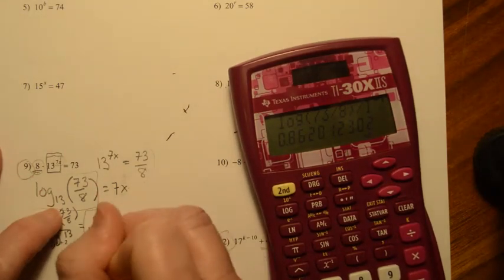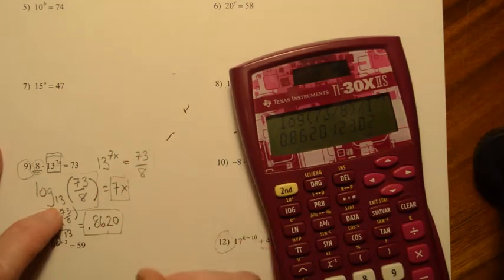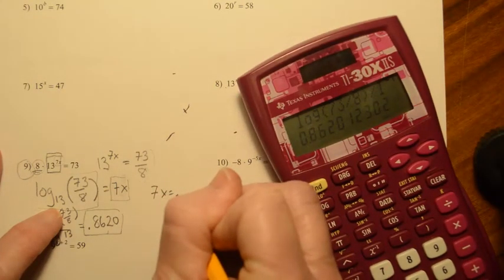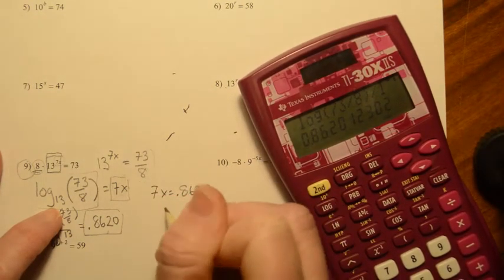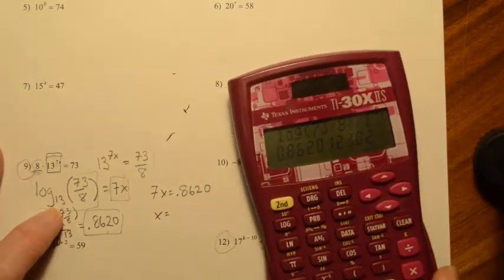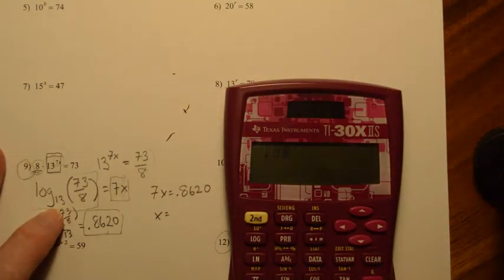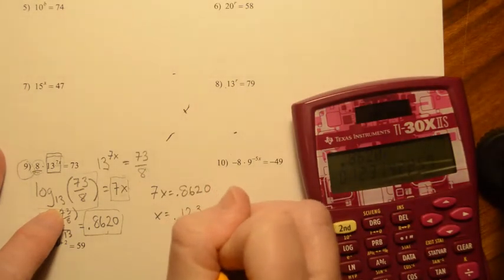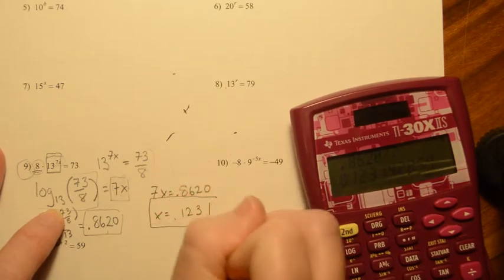Now it's telling me that this and this have to be equal. All right, so I start a new equation that says 7x equals 0.8620. Divide both sides by 7. So 0.8620 divided by 7, and I get 0.1231 as my answer.